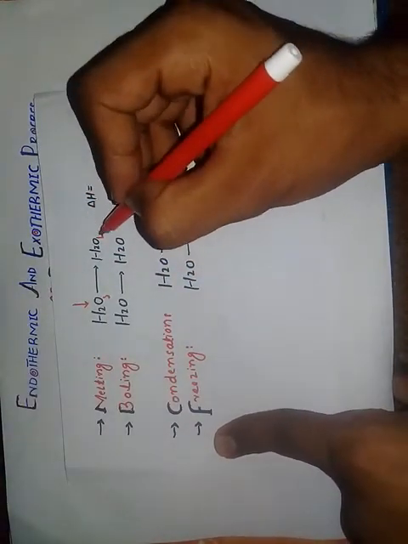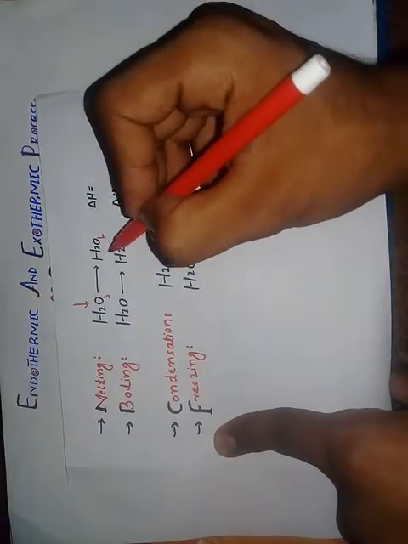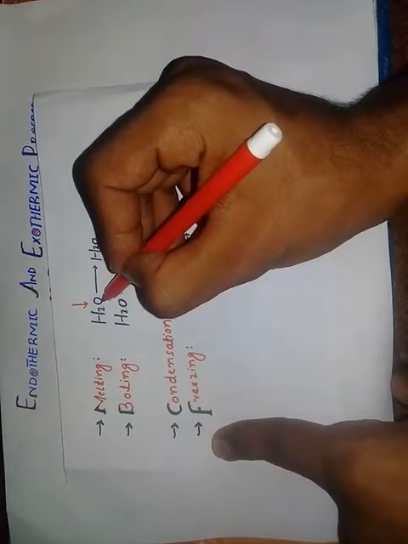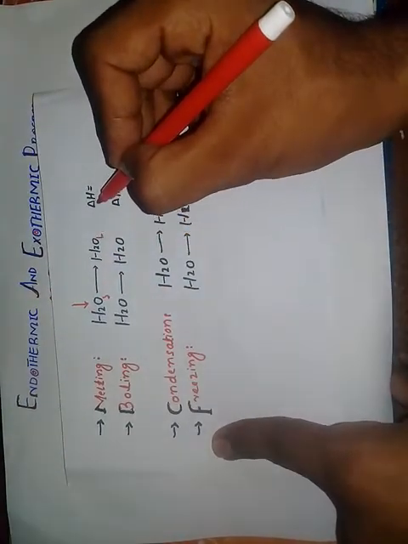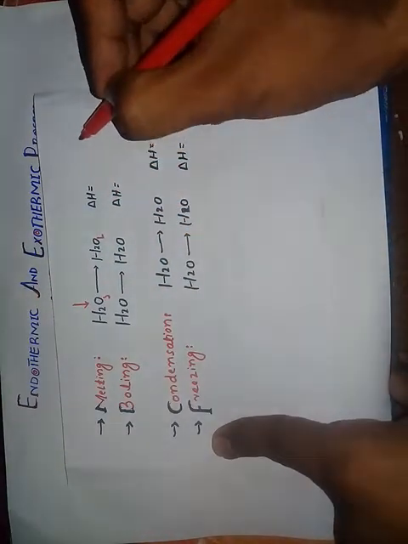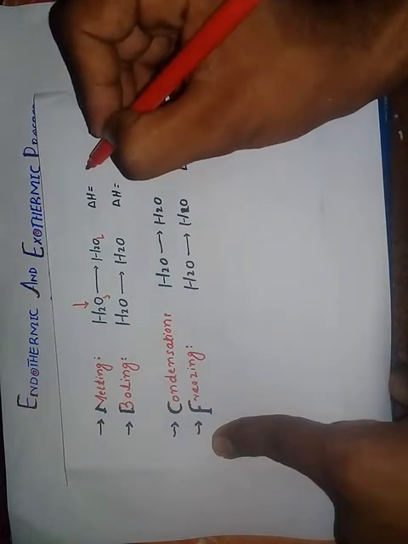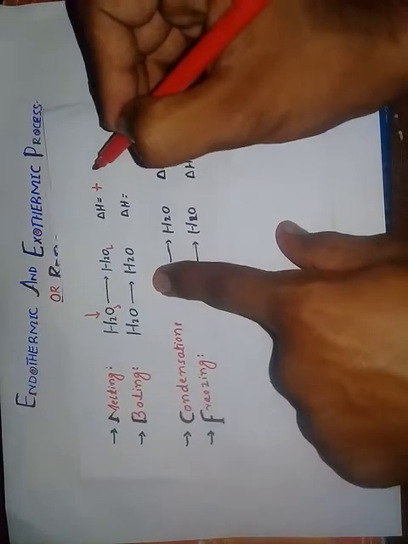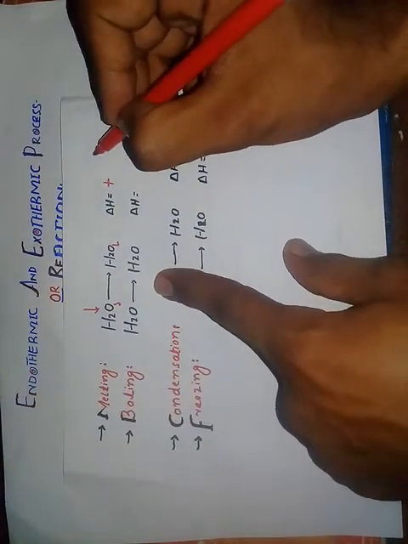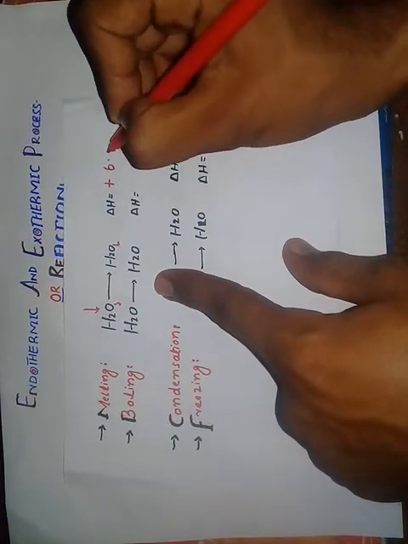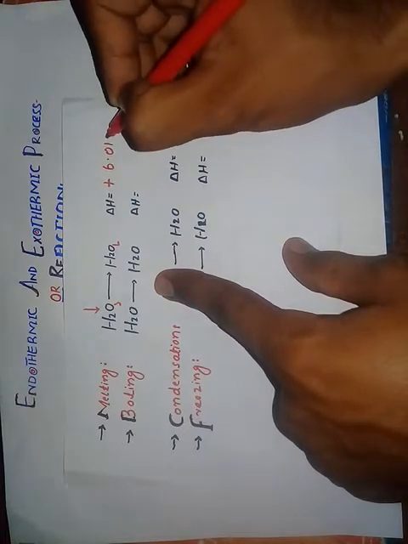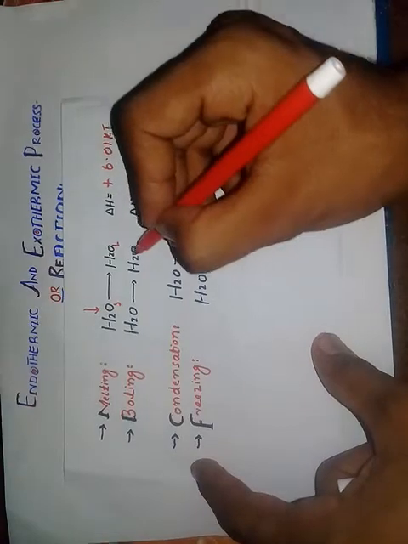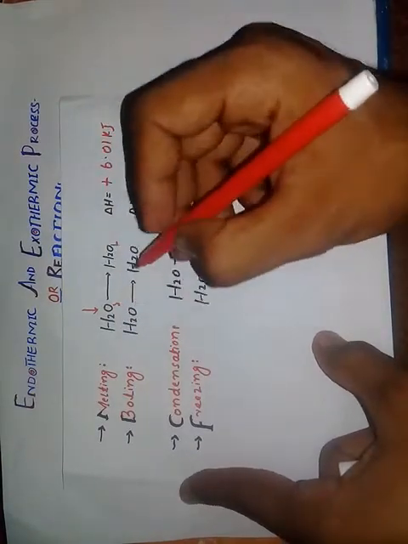In this case heat is required. Heat is absorbed by this and converted into liquid. How much heat is required? In an endothermic process delta H is positive, and 6.01 kilojoules of heat is required to convert solid into liquid, so this is endothermic.